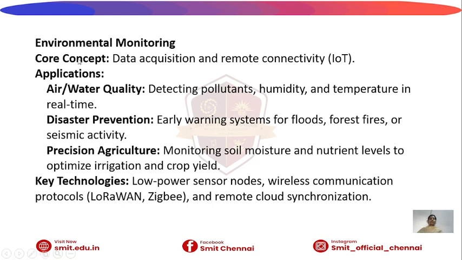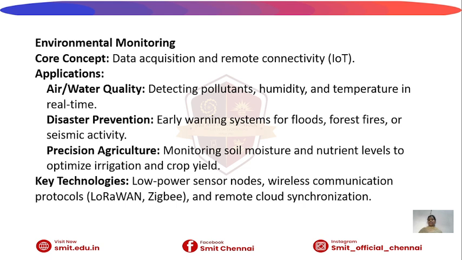Next is environmental monitoring. The core concept is data acquisition and remote connectivity, IoT. Applications include air and water quality monitoring to detect pollutants, and humidity and temperature in real time. Also disaster prevention: early warning systems for floods, forest fires or seismic activity.